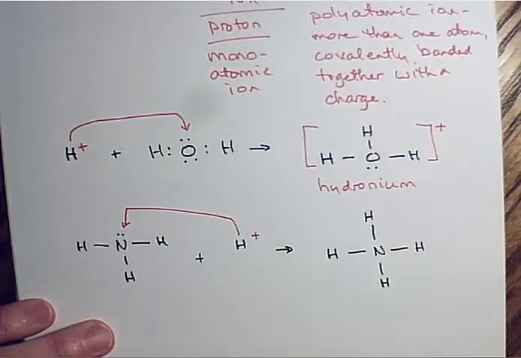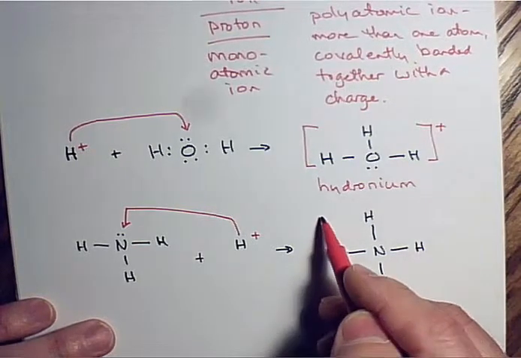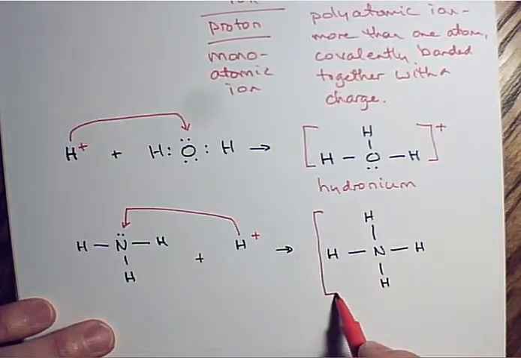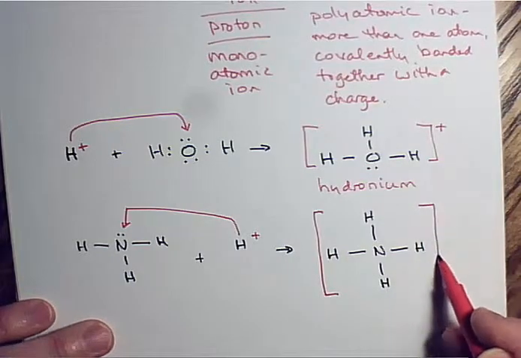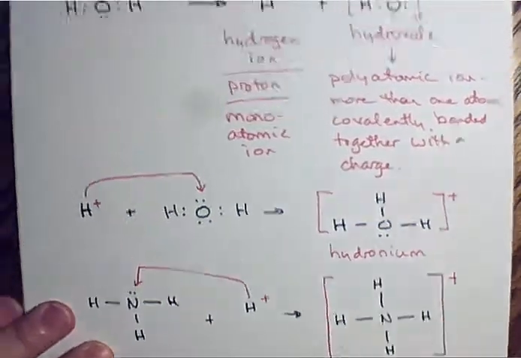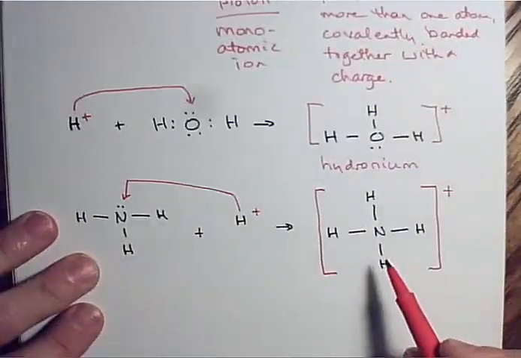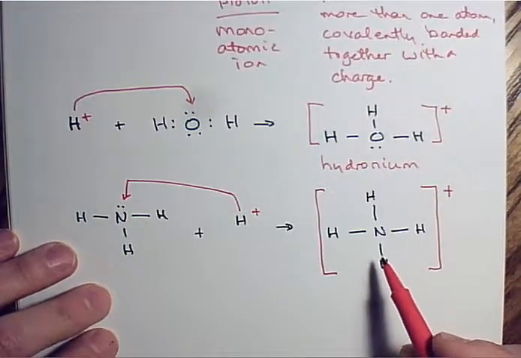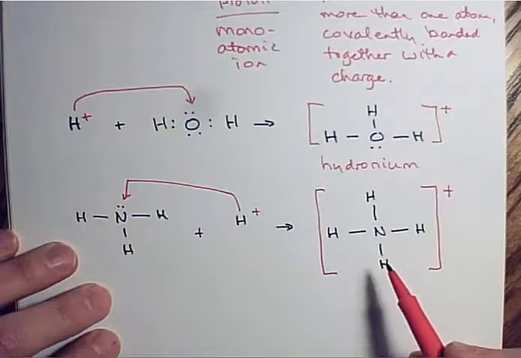And what else do I need here? A positive charge, because that ammonia had no charge when we started. We added an extra proton on there. The proton had a charge, so this thing has a charge. This is a polyatomic ion, because it's more than one atom covalently bonded together with a charge.